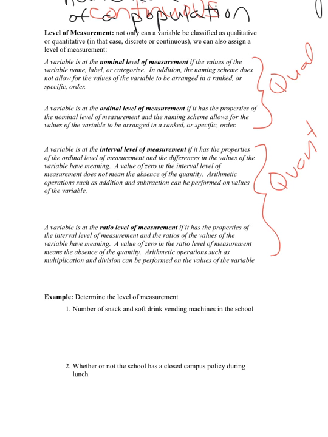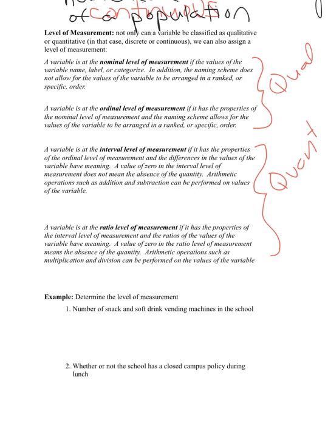All right, so we have our nominal level of measurement first, our nominal level. And then we say that a variable is at the nominal level if the values of the variable just name, label, or categorize. The naming scheme does not allow for the values to be arranged in a specific order.